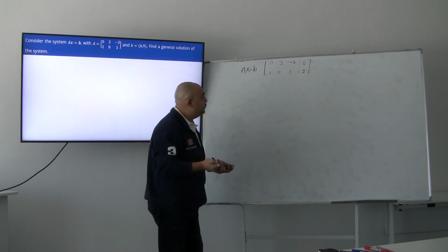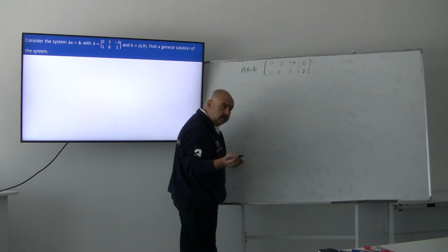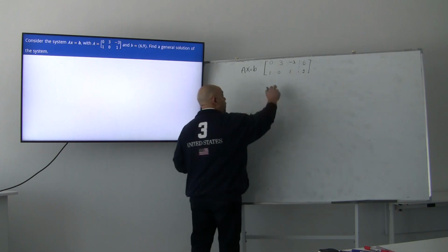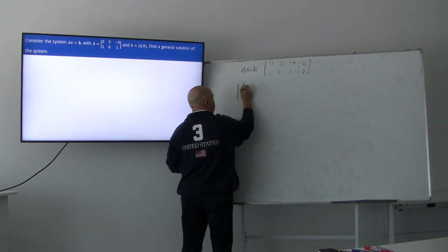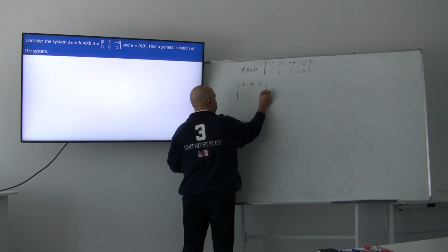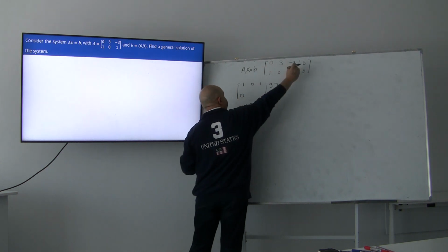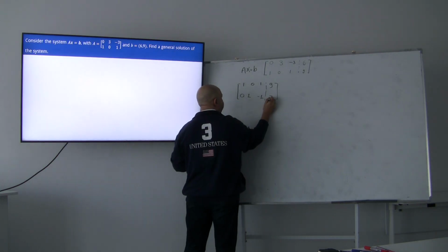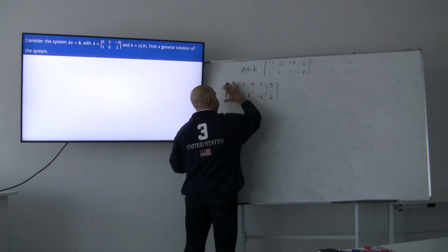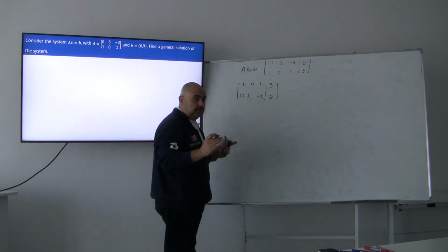Let's go through it. The first step is getting a pivot for the first row. How to get a pivot for the first row? Switch these 2 equations. So it's going to be 1, 0, 1, and the result is 9. And this is going to be 0. I will divide by 3, so it's going to be 1, negative 1, and 2. I believe now in this form, we have reached the reduced echelon form.